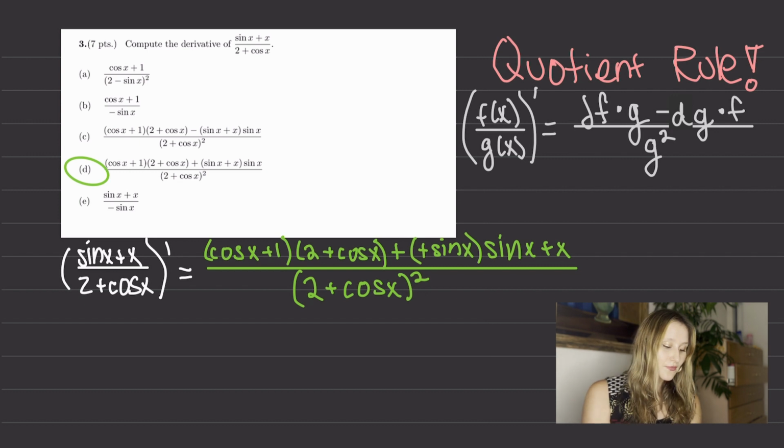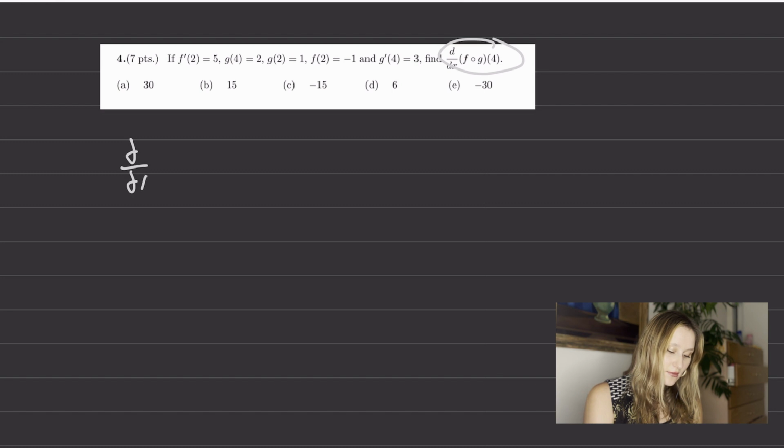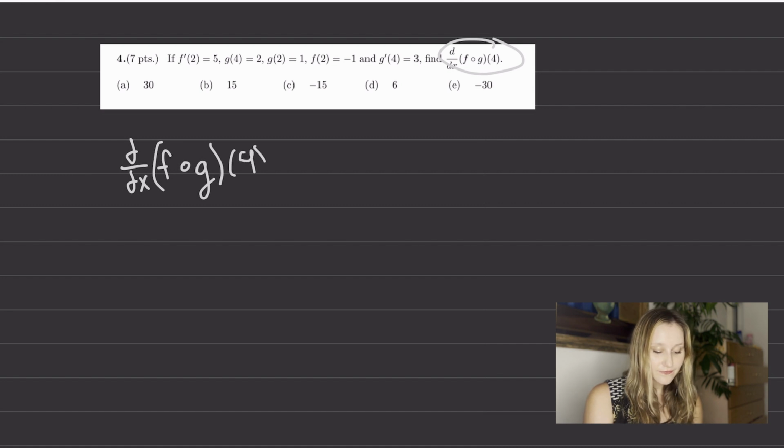Thank you. Next. Okay. If f prime of 2 equals 5, g of 4 equals 2, and so on, find the derivative of this. So to remind myself, d of dx. And you know what? Calculus is all about the time and effort that you put in.